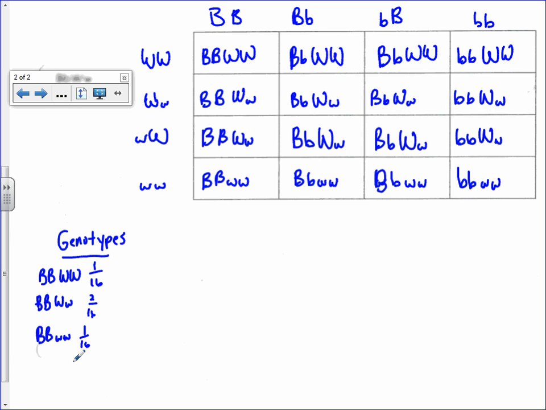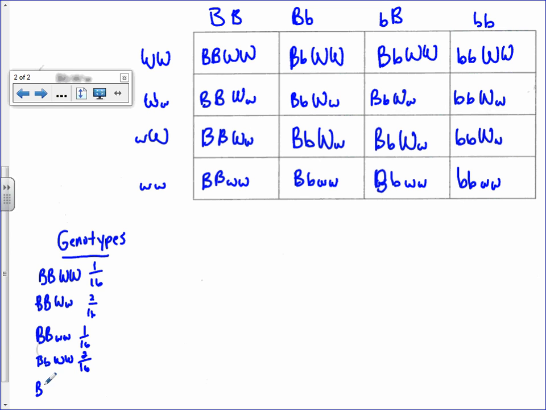Okay, then for heterozygous for color and homozygous dominant for texture, we have 1, 2 of those, so there's a 2 in 16th possibility that the offspring will have that combination.